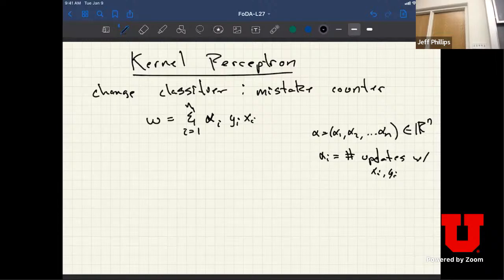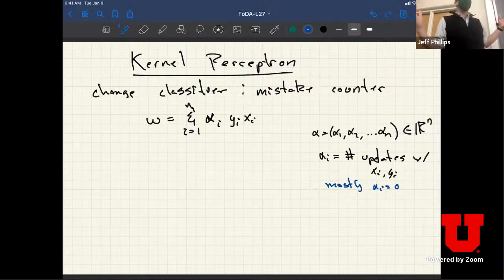So it's a counter. Most of the values are going to be 0, mostly alpha i equals 0. Most of the points, I probably won't make a mistake on ever in the run of the perceptron algorithm. At most it's going to be 1 over gamma star squared. That's the most number of entries that could be non-zero.